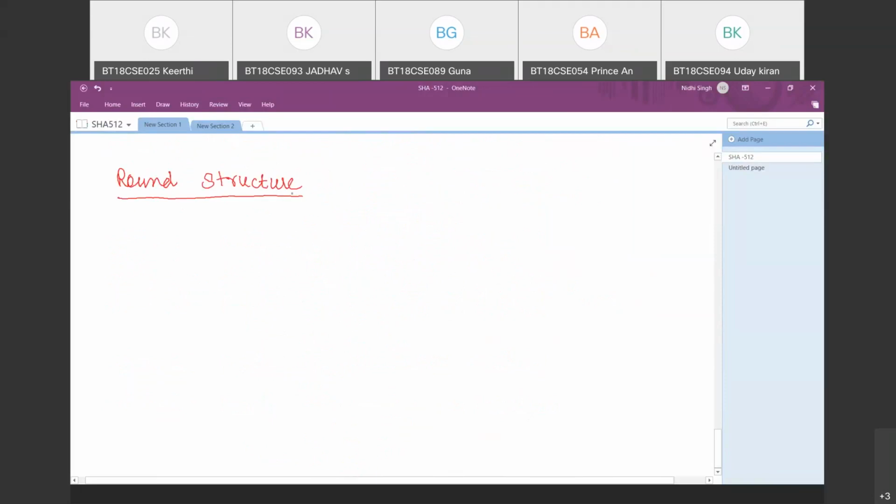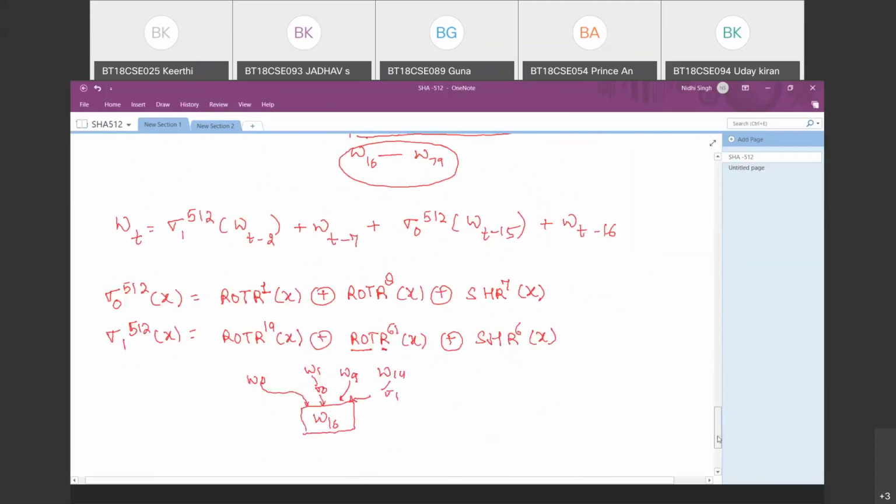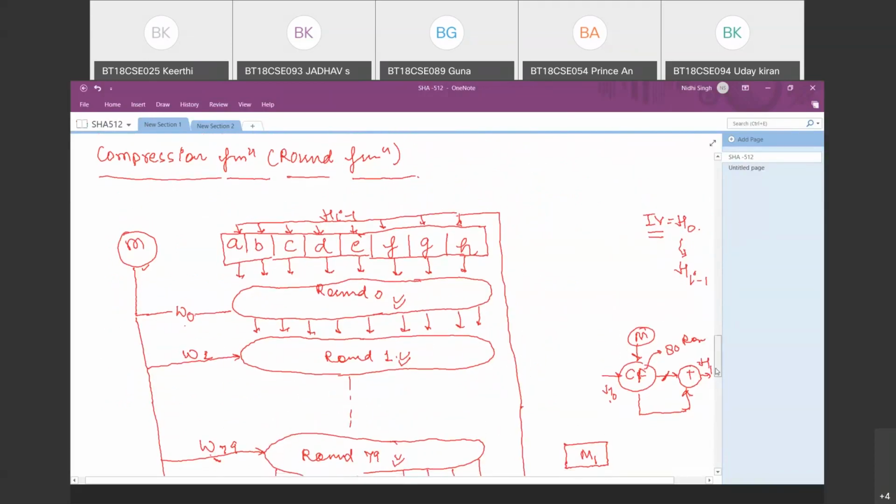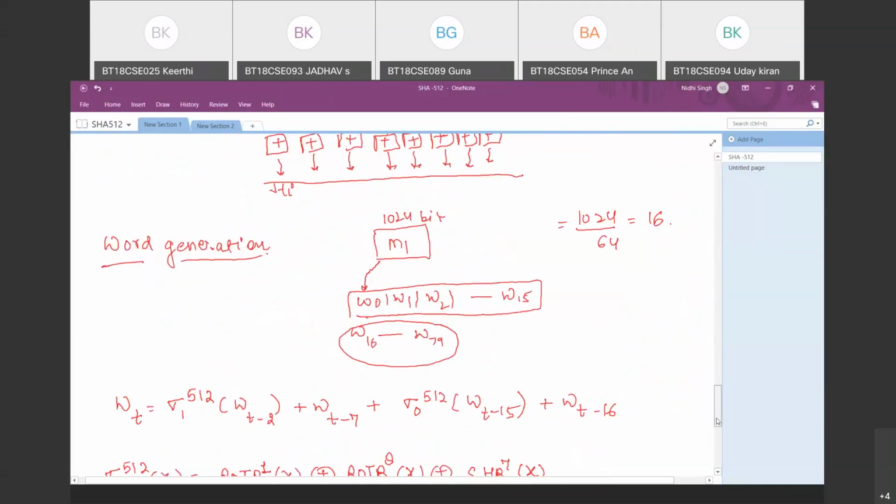So what happens over each round? First thing is, see the diagram. In the round structure, what is the input value? The input value is the buffer value. Means we have to draw the buffer once again.